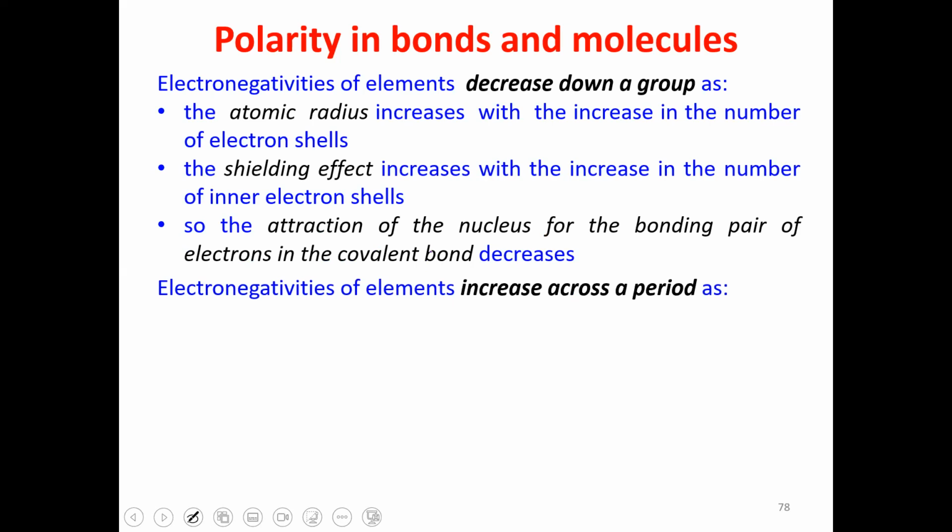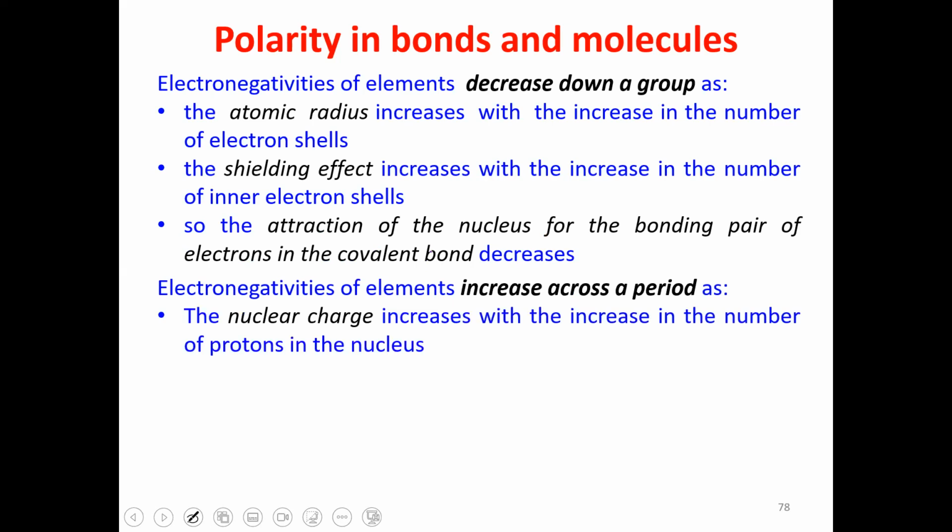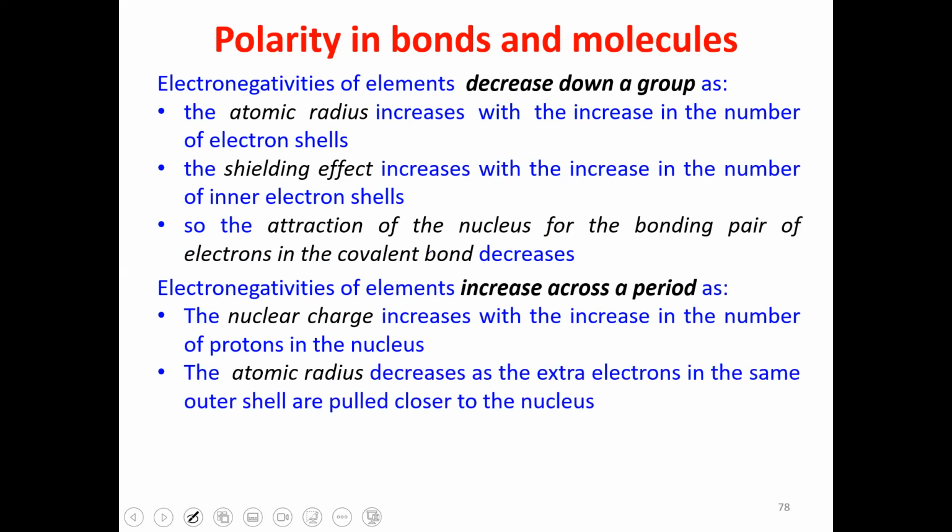Electronegativity increases across a period because nuclear charge increases, atomic radius in a period decreases, and shielding effect is almost the same. So is it right, Shahid, that shielding effect in a period is almost the same while shielding effect increases down the group?